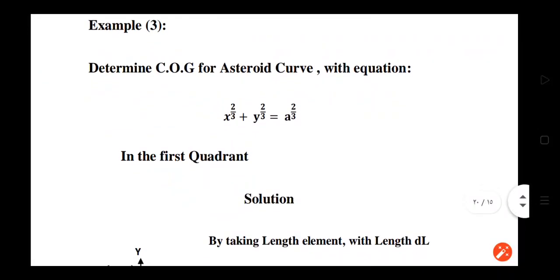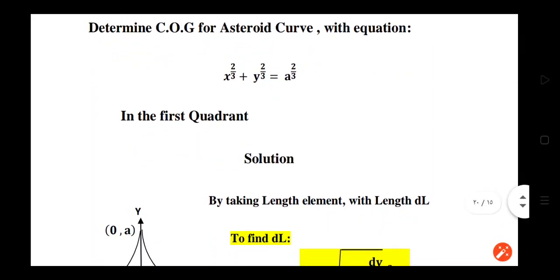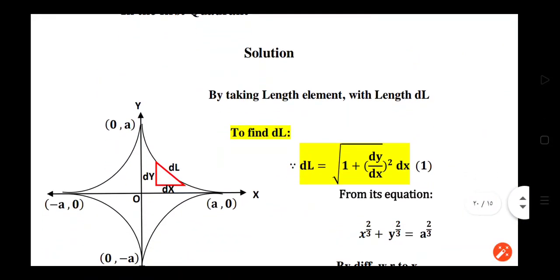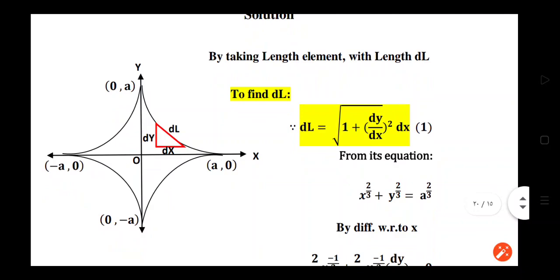Example 3. Determine the center of gravity for the asteroid curve with equation x power 2 over 3 plus y power 2 over 3 equals a power 2 over 3 in the first quadrant. We note that we will take a length element with length dL.